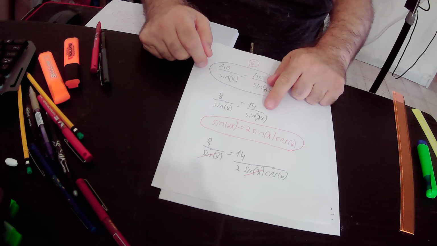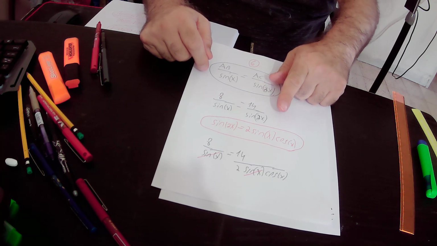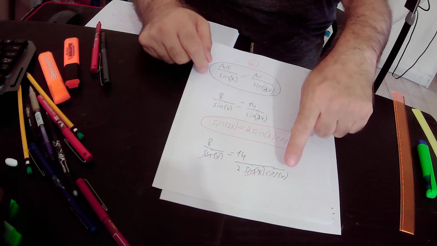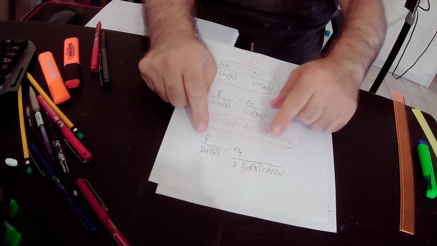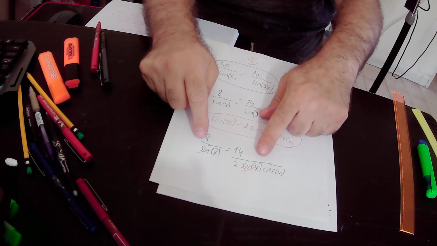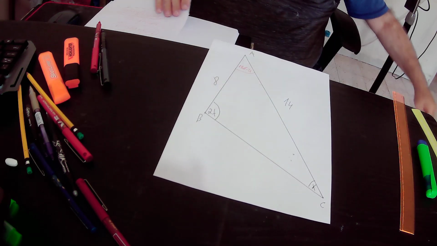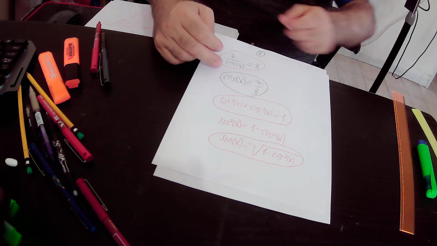And here sin 2x equals 2 sin x cos x. So we can substitute sin 2x by 2 sin x cos x. Here we divided the equality by sin x. Sin x is cancelled, and we got that cos x equals 7 over 8.